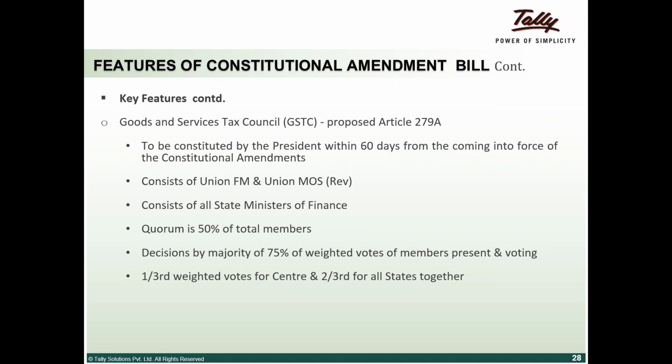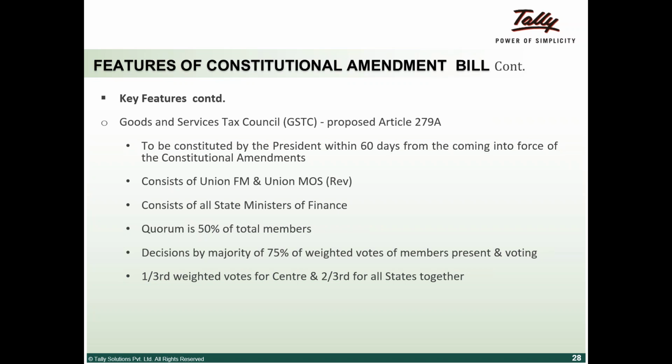Basically, it also provides that there will be a GST council, which is pretty much the empowered committee that we've been talking about. It will consist of ministers of the states, the union finance minister, and the minister of state for revenue. These are the people who will form the quorum.